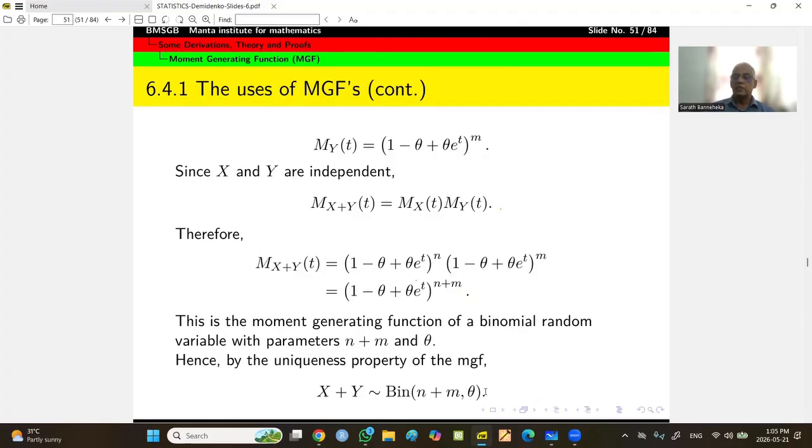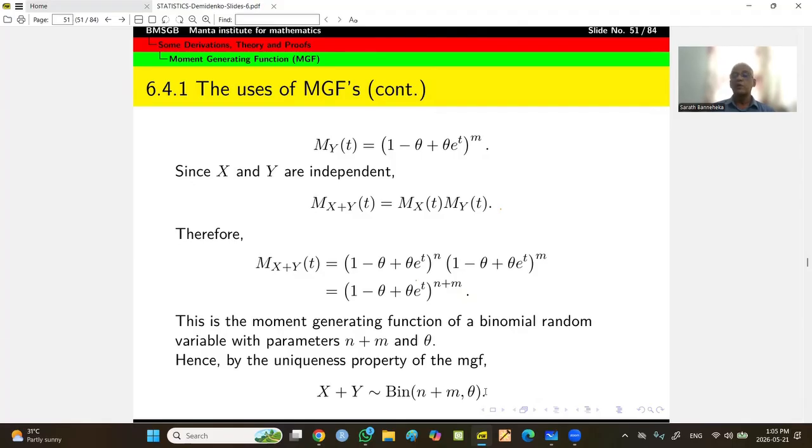Now, this is theory. If we look at it practically, can it be true? If X has a binomial distribution with n and θ, what does it mean? X is the number of successes in n Bernoulli trials where the probability of a success is θ.